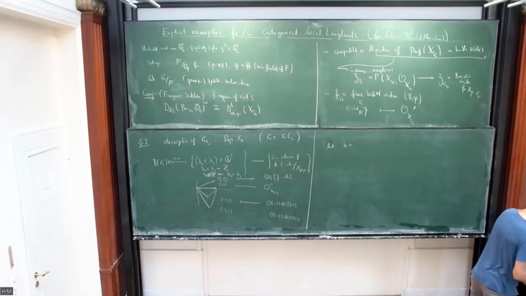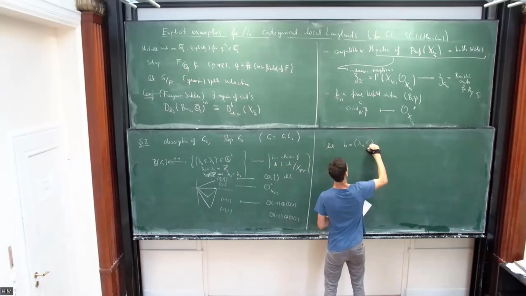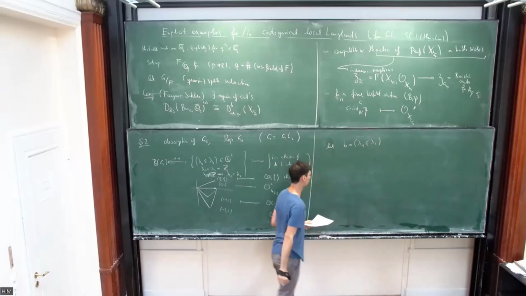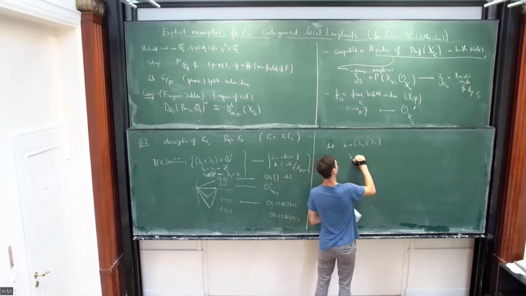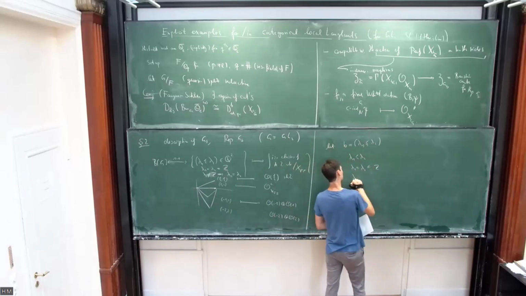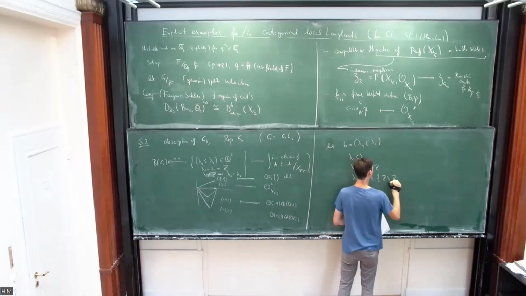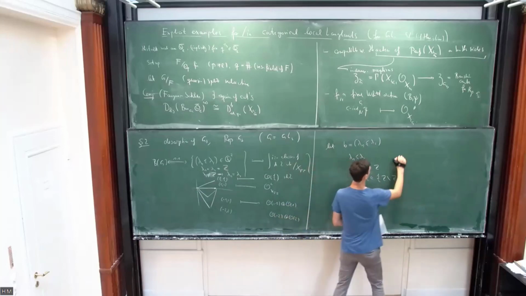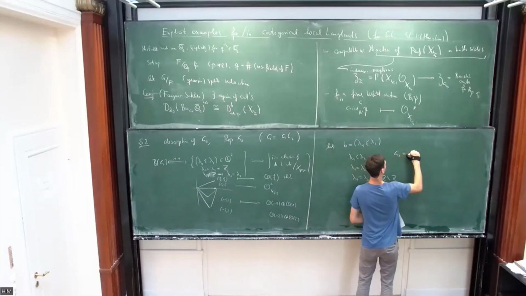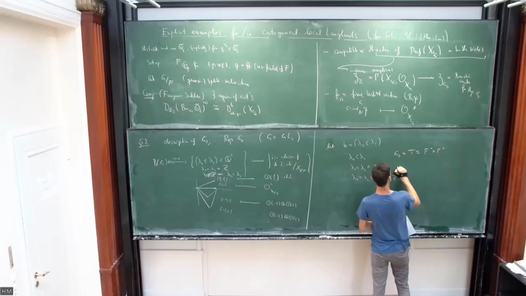So what is G_B? If B is (lambda 1, lambda 2), then you have three cases: either lambda 1 is less than lambda 2, or they are the same and they are integers, or they are the same and only half integers, but not integers. In the first case, G_B is T, always F star times F star.